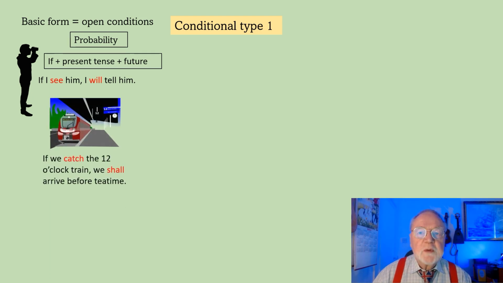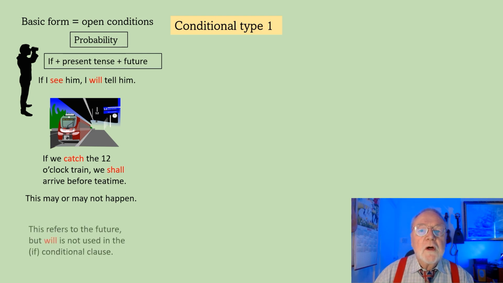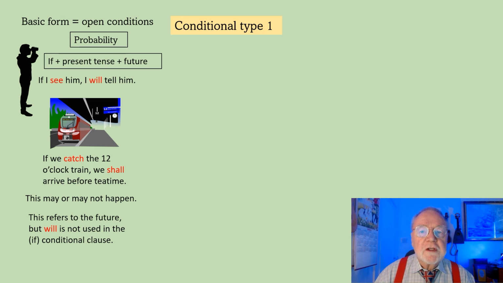Here's another example. If we catch the 12 o'clock train, we shall arrive before tea time. Catch is a present tense, but it has a future idea here. And of course you could say this may or may not happen. We might miss the train. It's a possibility. Although this refers to the future, we do not use will in the conditional if clause.